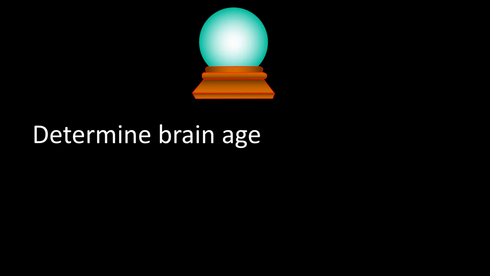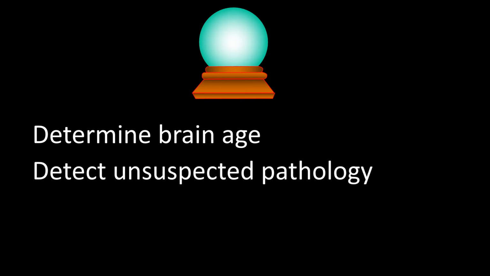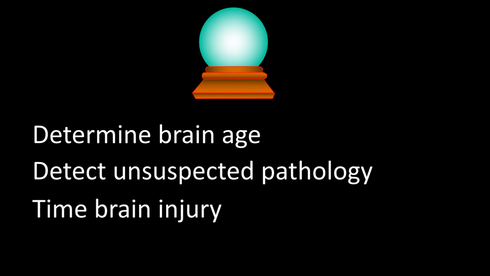In addition to determining brain age, neonatal EEG is fundamental to detect unexpected pathology such as seizures. Neonatal EEG may help time the onset of a brain injury and help prognosticate the impact of brain injury.